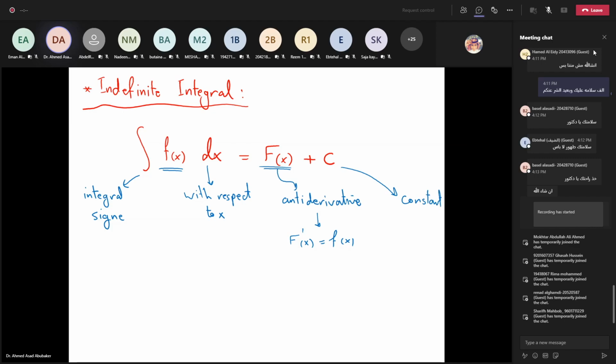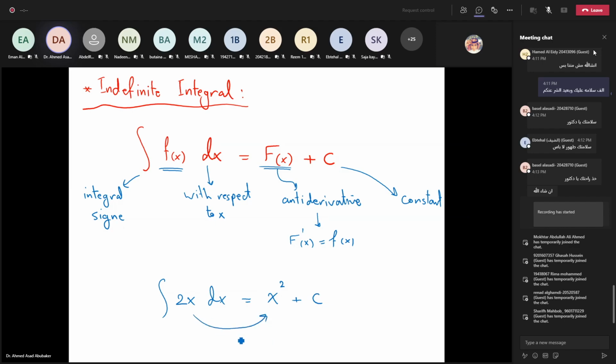For example, if we have 2x dx, this means the result must be equal x squared plus c, like this.